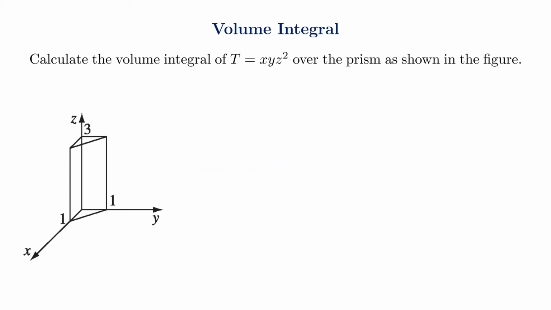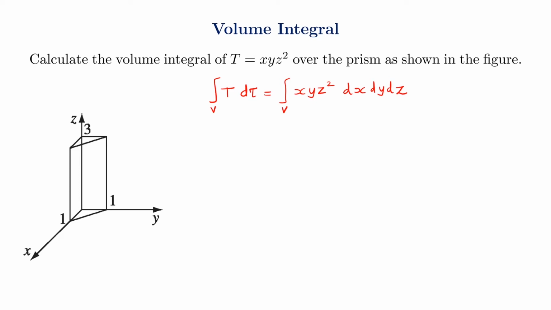Let's now calculate the volume integral of the scalar function T equal to x y z square over the prism as shown in the figure. We can write the volume integral as integral T d tau equal to integral x y z square dx dy dz. We can do the integral in any order.